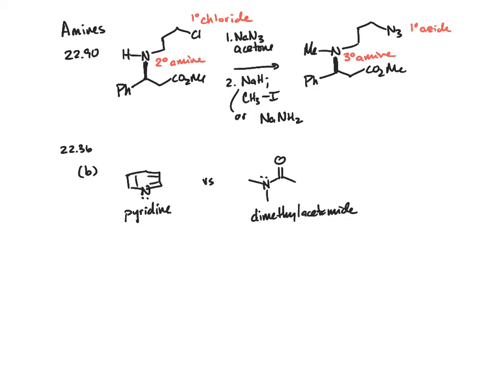This lone pair resides in a p orbital due to resonance. So that resonance form looks like this. Because that lone pair is pushed up onto the oxygen, it's less available to abstract a proton. So pyridine wins the chicken dinner.